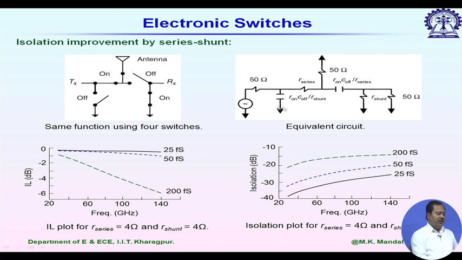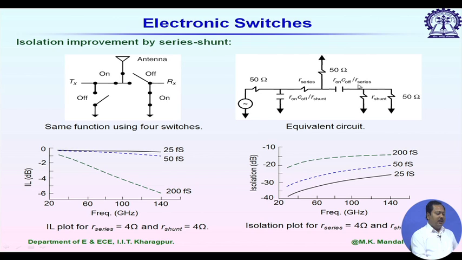So in the equivalent circuit shown on the right hand side, in on condition the switch is replaced by its equivalent resistance R series, and in off condition it is replaced by its equivalent capacitance, C off. In this situation we call it a series-shunt configuration.